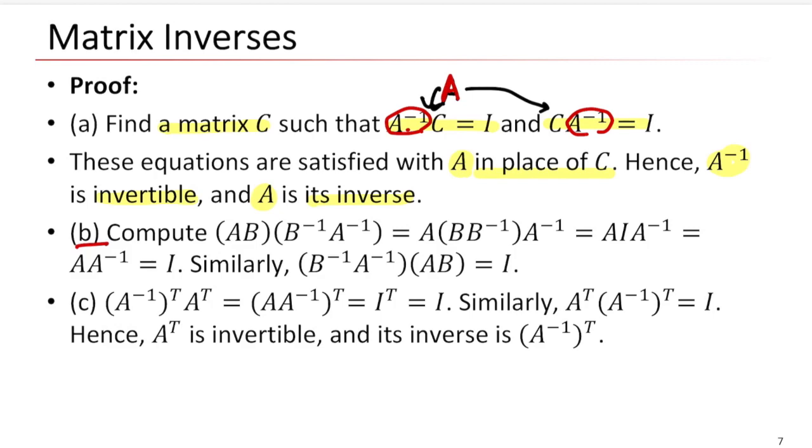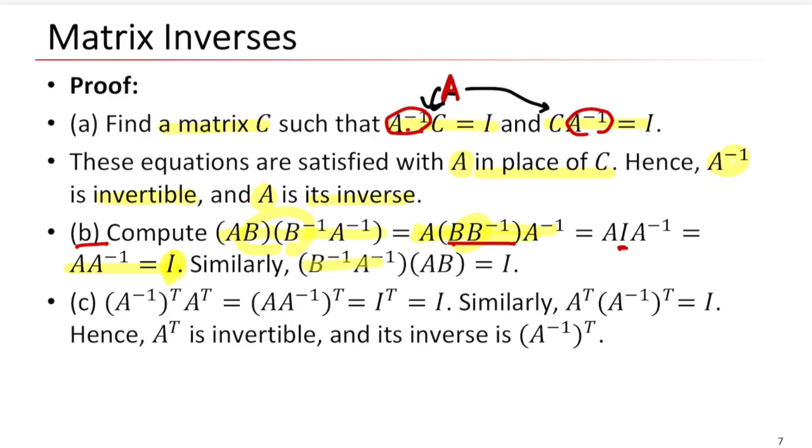Compute AB times B inverse A inverse, which is going to be A B B inverse A inverse. Then this is the identity matrix here. So finally, it will be A times A inverse, so it will be the identity matrix.